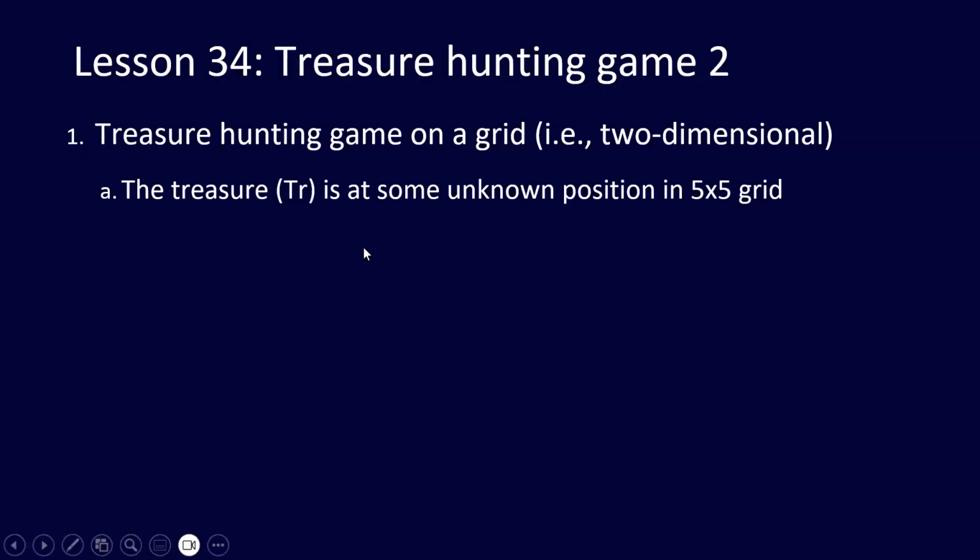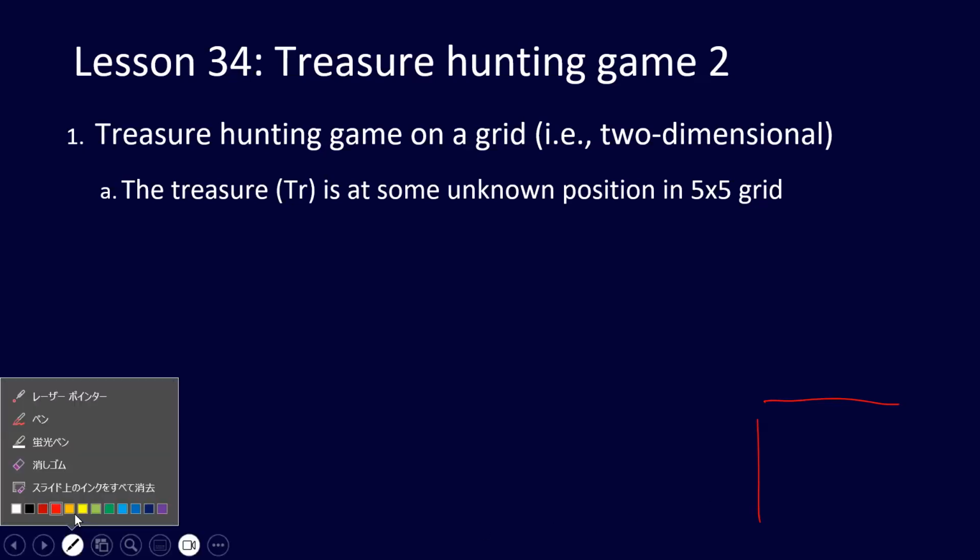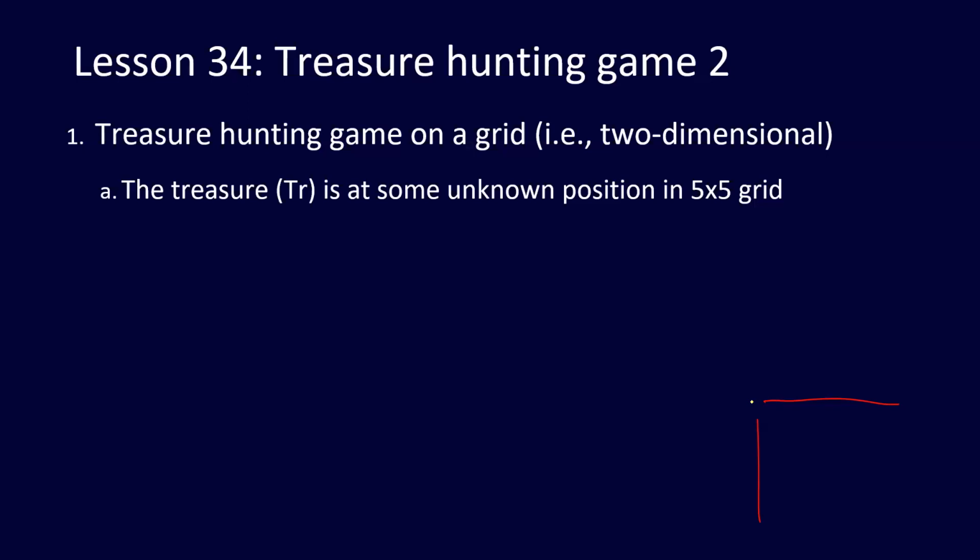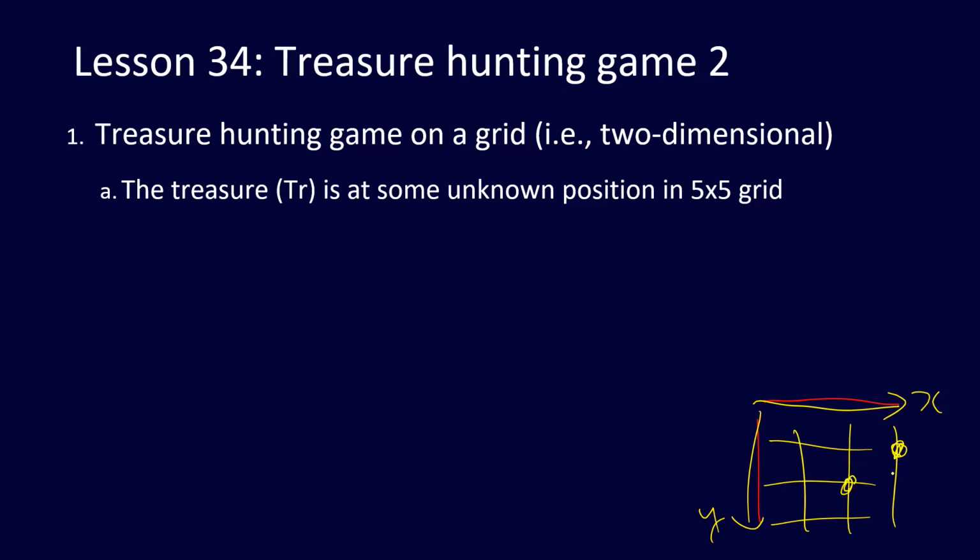As we remember, it's like the X coordinate first and the Y coordinate second. The idea is this. And the distance is like this, which we call Manhattan distance. Okay, let's do it.